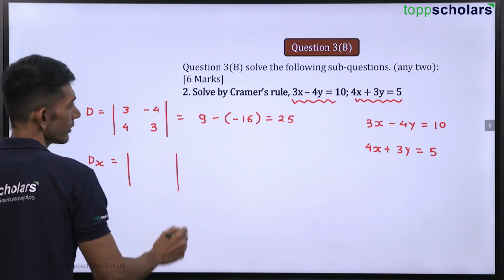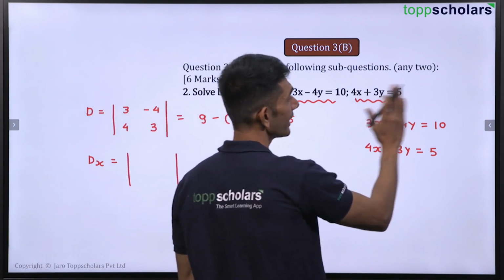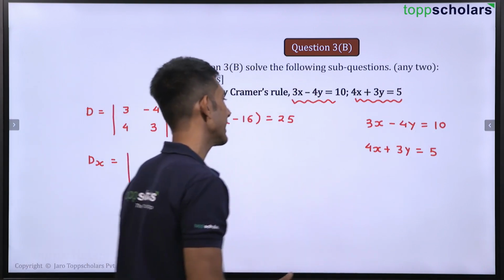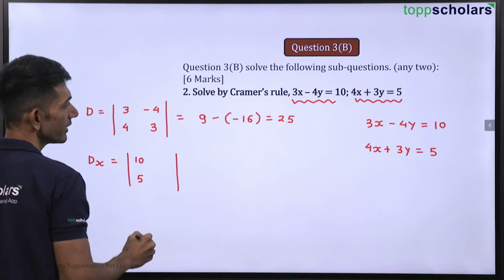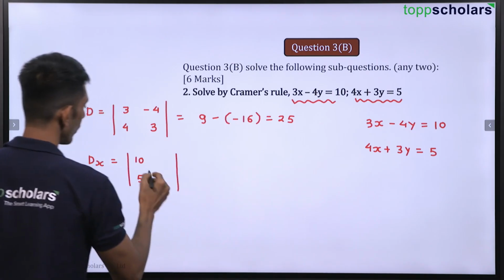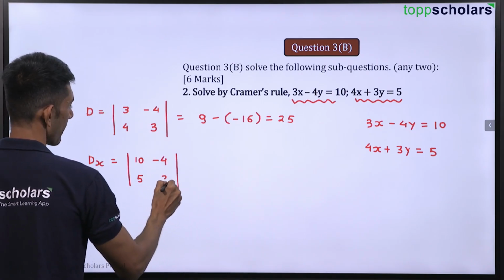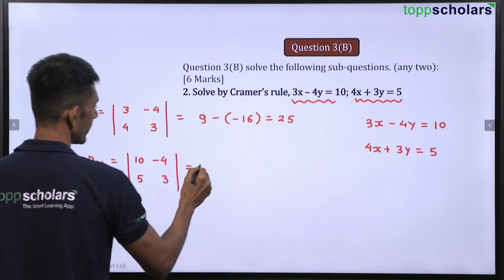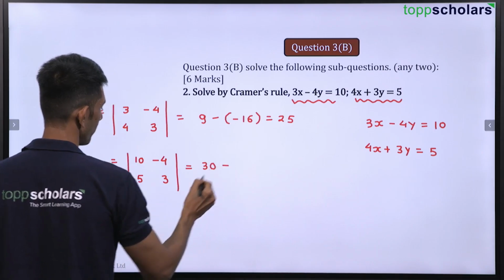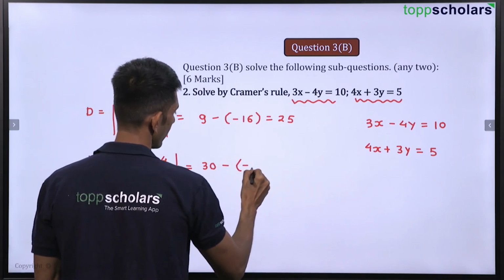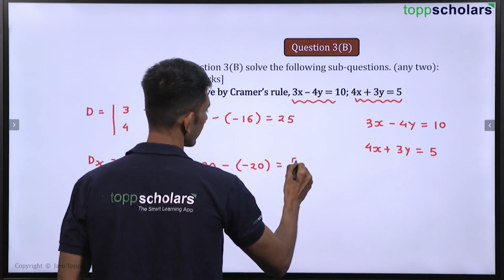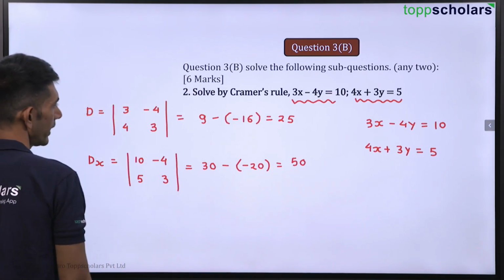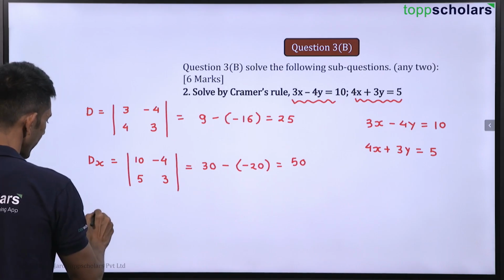For Dx, you ignore x, you write down the c terms first, that is 10 and 5 vertically, and then minus 4 and 3. Just observe. 10 into 3 is 30 minus minus 20. So that gives you 50. Correct?